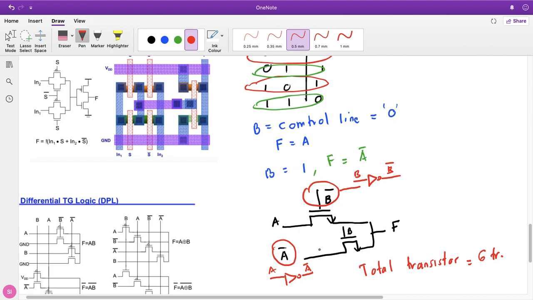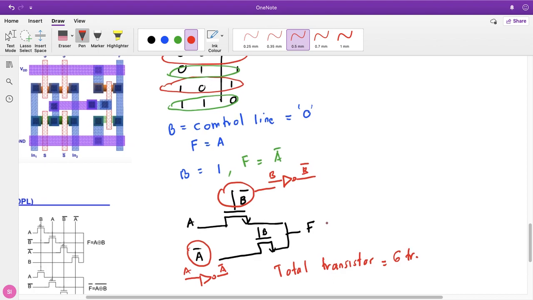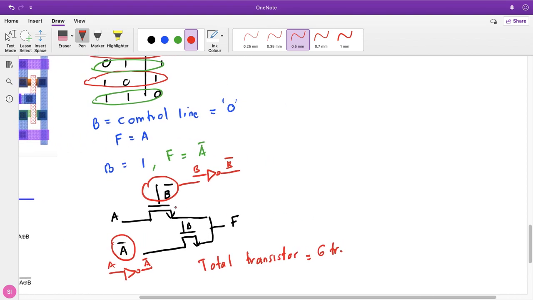However, this network of pass transistor logic suffers from weak 0 and weak 1. By redesigning the schematic of this network using the transmission gate, it can help to reduce the problem with the weak 0 and weak 1.